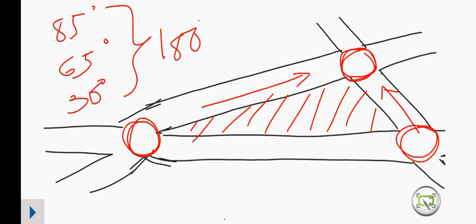Good. Now there is another hint given to us, which says the longest length is 275 meters. If 275 meters is the longest length, that means the largest angle will be projecting that length.